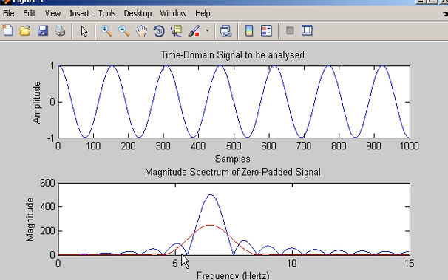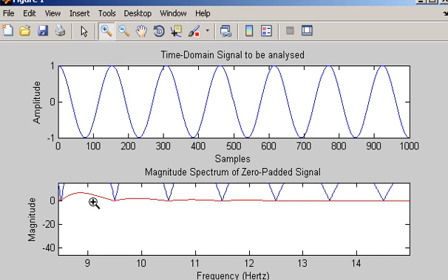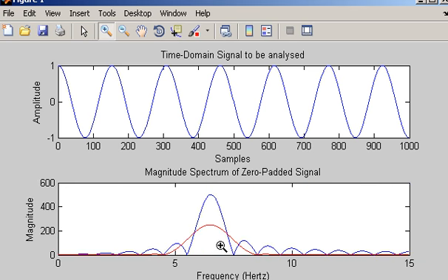But when we applied a Hanning window function, what happens is the main lobe gets wider, but the side lobes are reduced. In fact, it's very difficult to see those side lobes. I'll just zoom in here just to show you those. So you can see the side lobe there. It is still present, but it's greatly reduced compared to the signal that hasn't had a window explicitly applied.